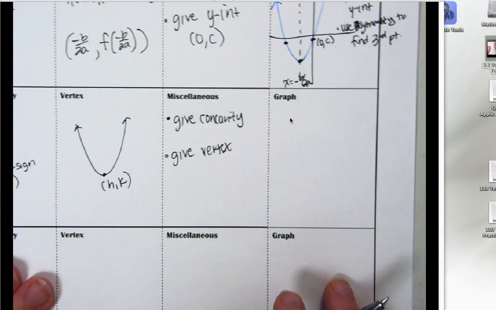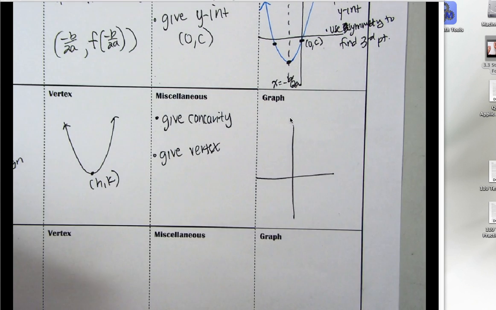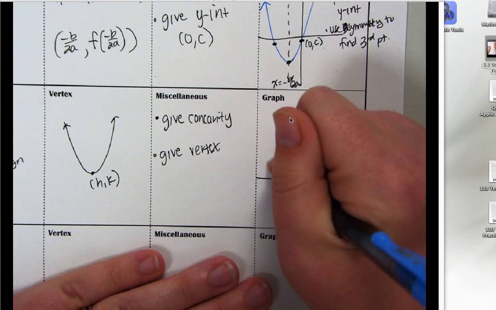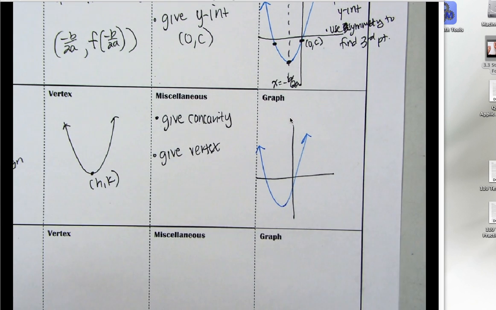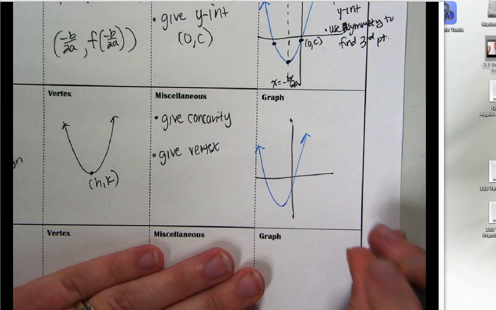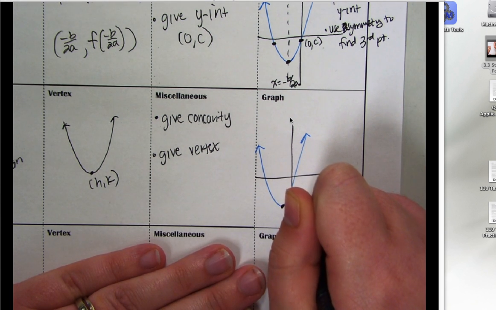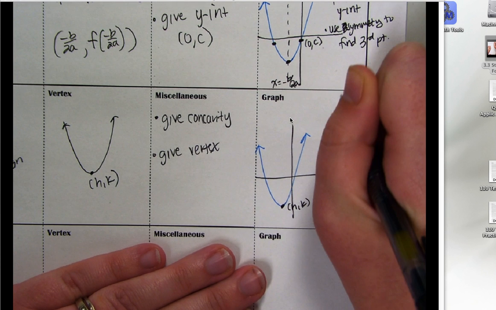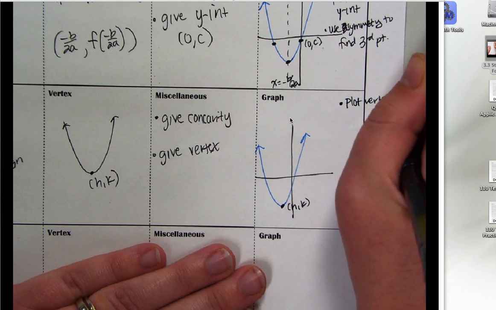All right, graphing in vertex form. Here is our random parabola. What we're going to do as far as our steps is obviously start with the vertex, h comma k. So we're going to plot the vertex.